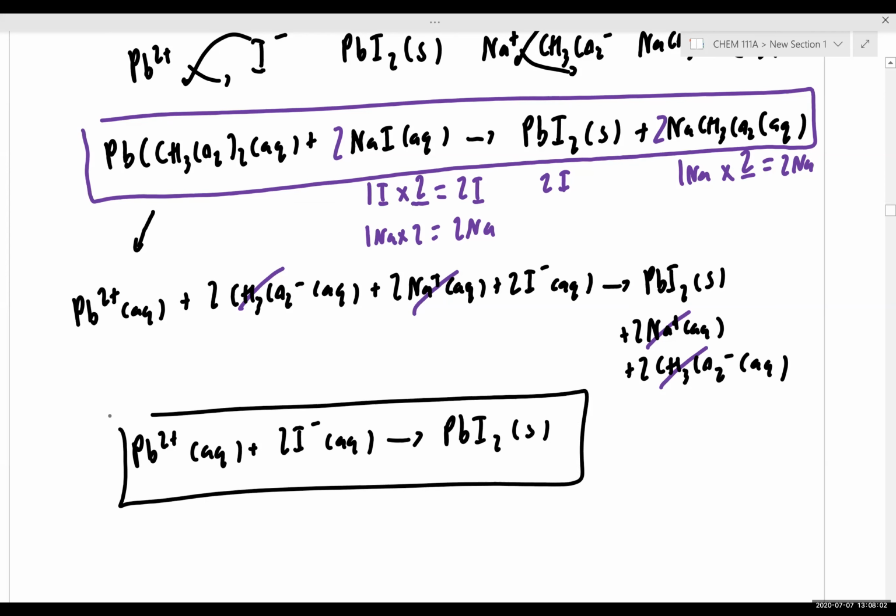So in most cases, the net ionic equation for a precipitation reaction can be written as the combination of the cation and anion found in your precipitate. Does this example make sense to everyone so far?